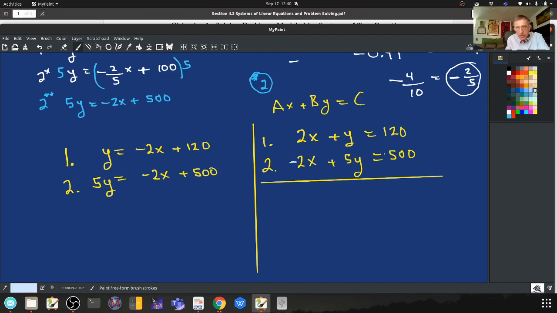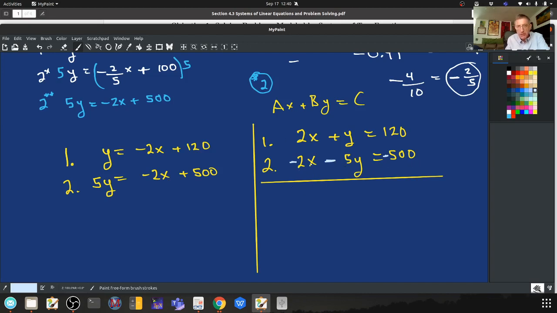So when I do so, everything becomes negative. So I have minus 2x minus 5y is equal to minus 500.